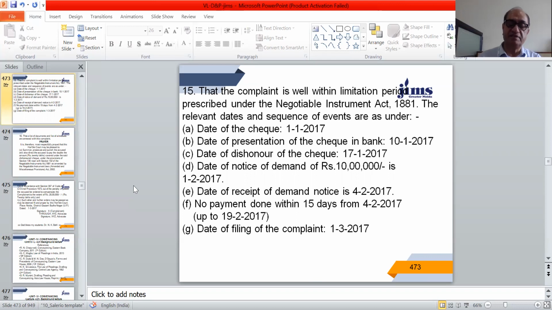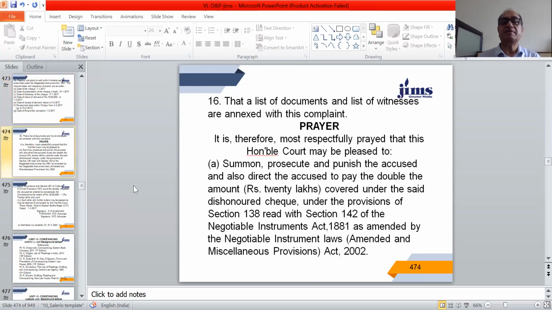So that is well within the period of limitation as prescribed in the Act itself. Para 16, that a list of documents and list of witnesses are annexed with this complaint. This is a compulsory requirement of CrPC that no summons shall be issued against the accused person unless a list of witnesses and list of documents is annexed along with the complaint.